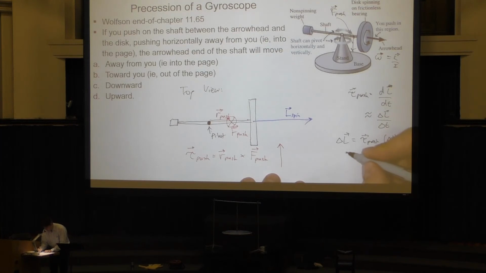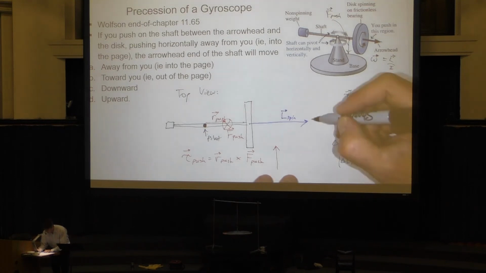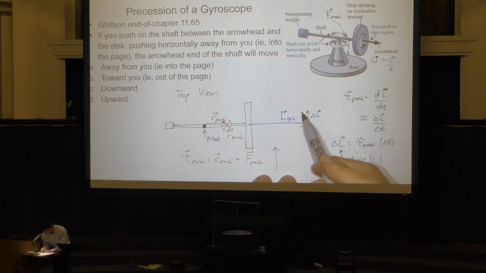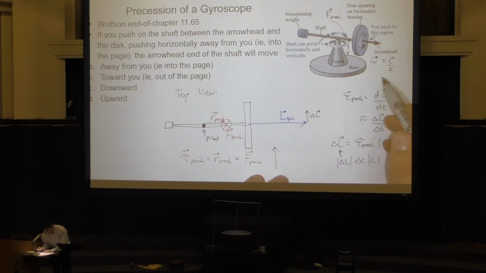And I guess delta L is much smaller than L, because it's a little change. So what it's going to do is going to be like this, delta L. So it's going to take this spin vector and now turn it a little bit this way.